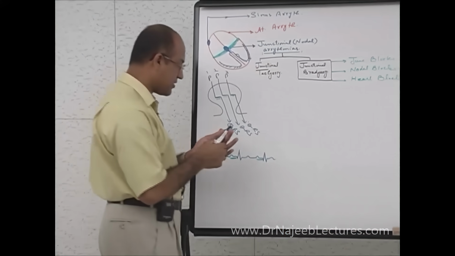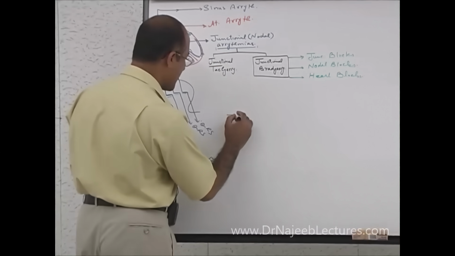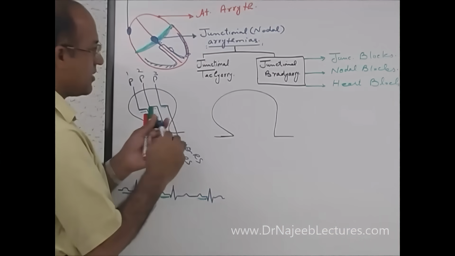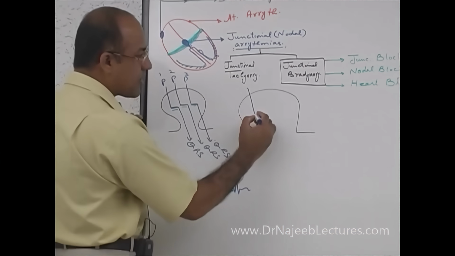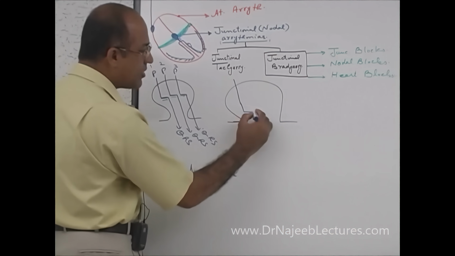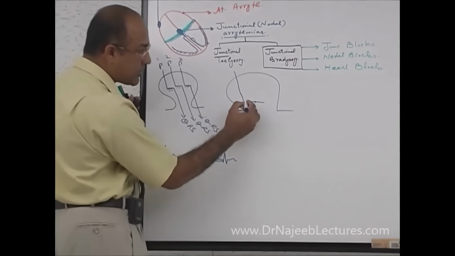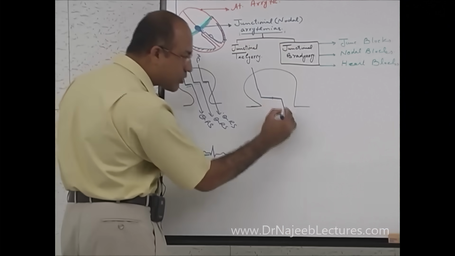What will happen to this person? Now I'll draw another diagram. Here, atrial activity will come, but it will be unusually delayed. It should have traveled from here down, but it was unduly delayed, but eventually it exited.